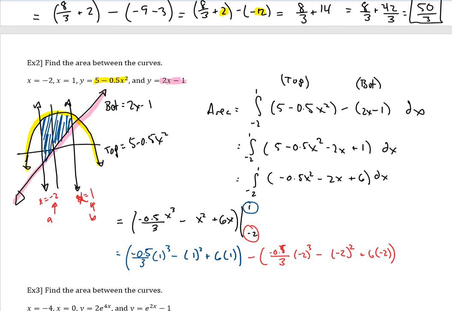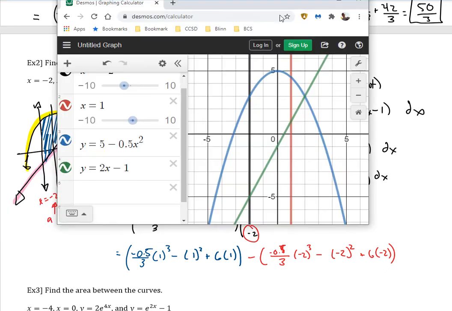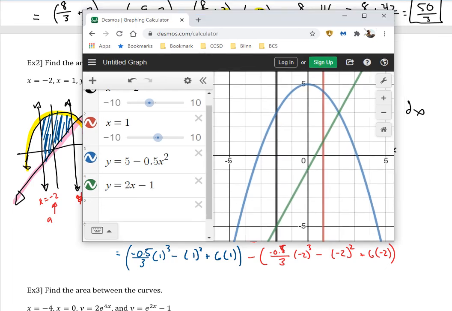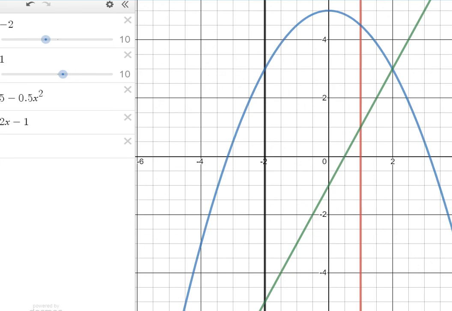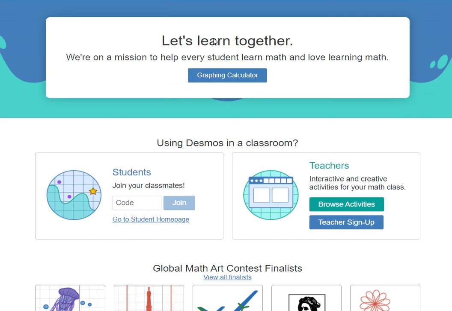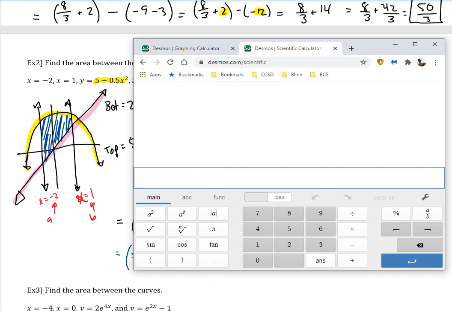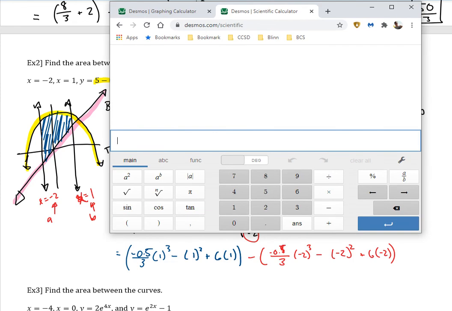Okay, and this is where I'm going to use a calculator, especially since I'm running low on room. I usually prefer to use just the Desmos scientific one. Let me make it bigger real quick. There we go. Now I'm on the scientific one, and I'm just going to plug this in exactly as it's shown in blue.